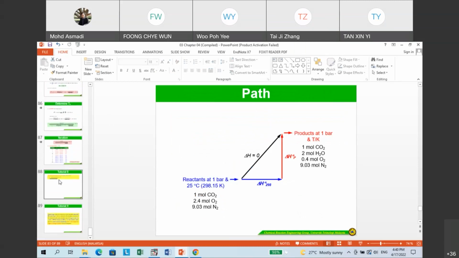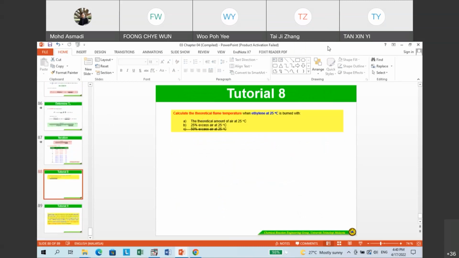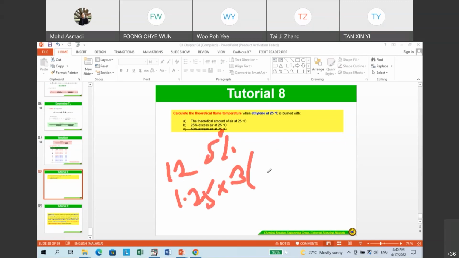Okay. So if for 25%, oxygen enter how many number of mole? It should be, because it's stated that 25%, right? So 125%, 125%, okay? Enter. Okay, meaning that equal to 1.25, right? Times with 3 mole.